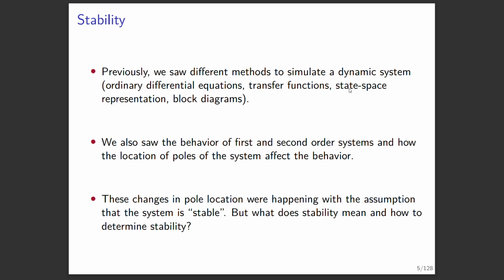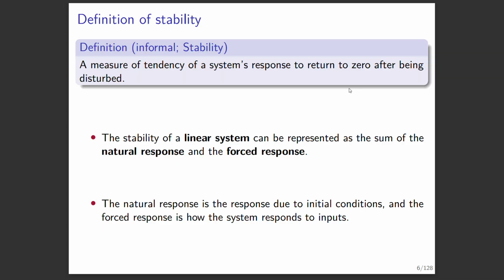So here for defining stability, we initially just talk about the concepts, so physical concepts, and then we use transfer functions and see what stability means if I have the transfer function of a system.